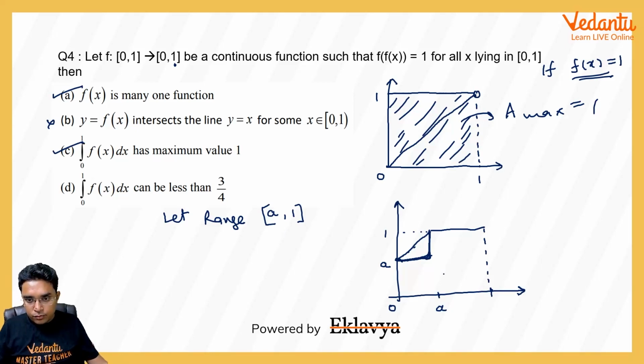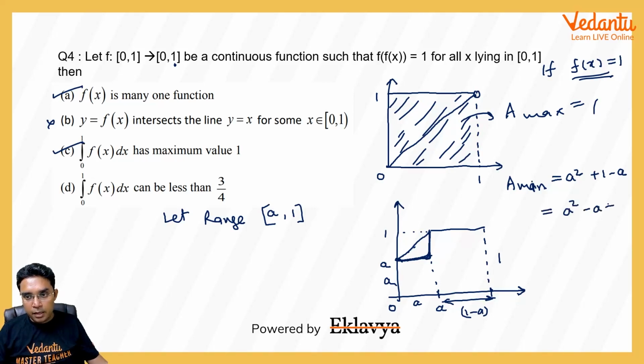In this case, what will be my area? You can check here. This height is A and this is also A. So this minimum value of this integral will be A square here, A into A, and here this will be 1 minus A, and this height is 1. So here we will be getting 1 minus A. So this minimum will be A square minus A plus 1.